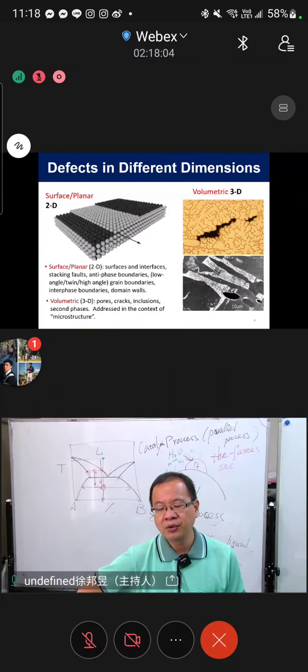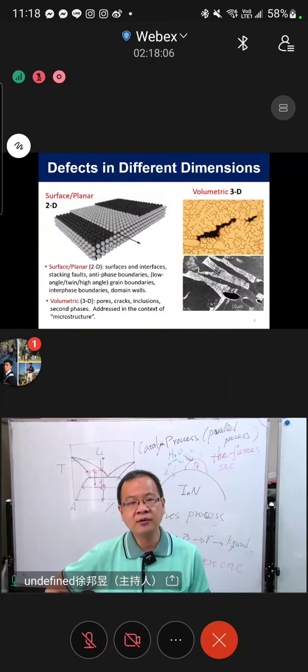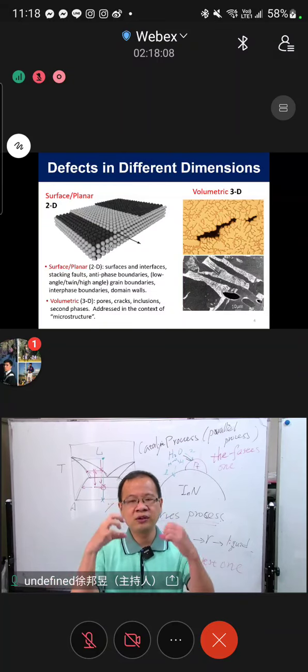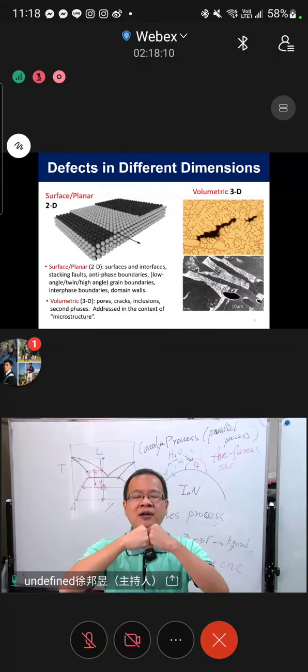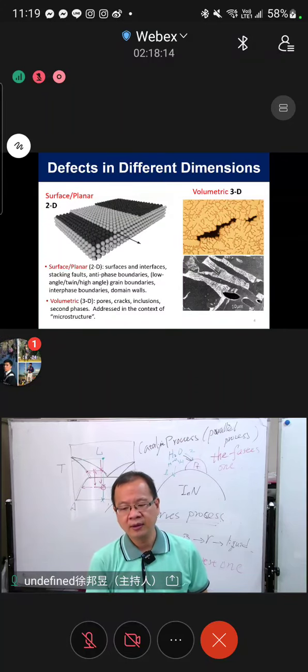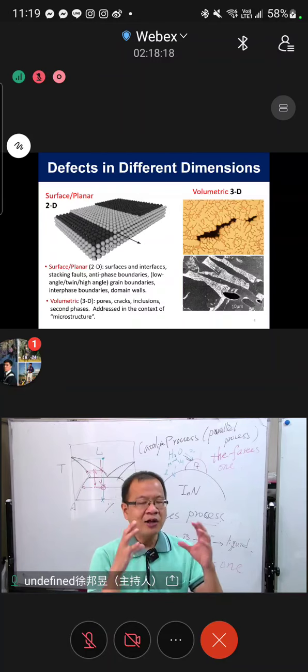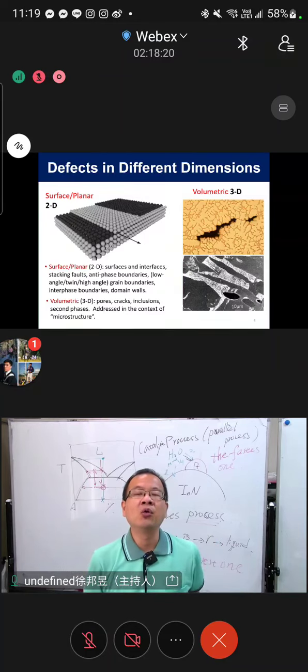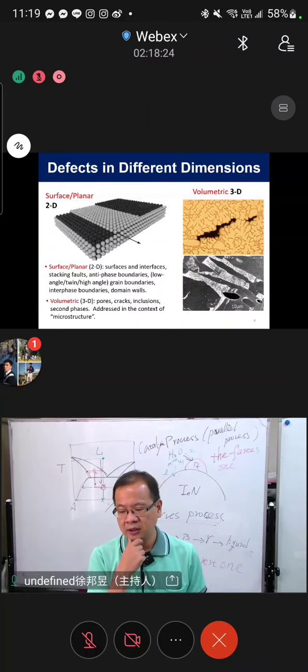Boundaries or surfaces are also very important, where two different crystals try to meet each other. Then we'll have different diffusion rates through the interface. Typically, a large grain will consume the small grain, and that's a thermodynamically driven phenomenon.